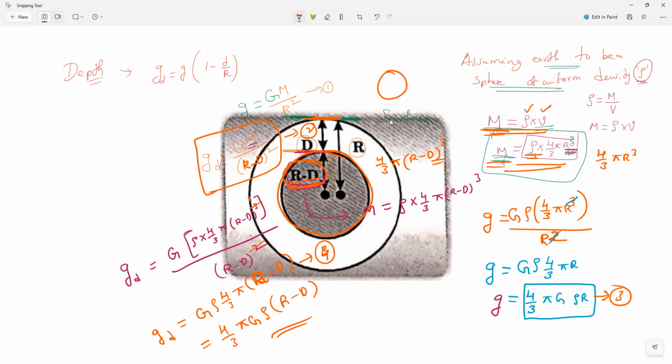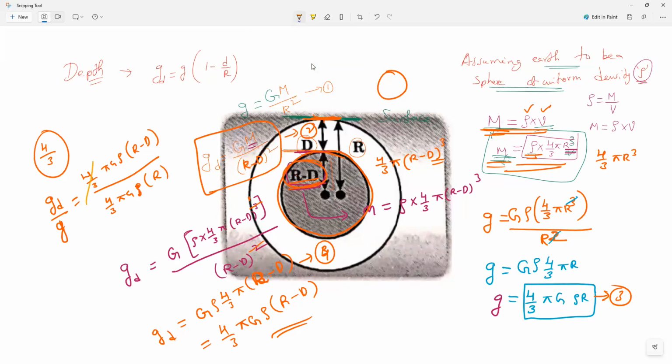Divide equation 4 with equation 3. So g_d divided by g is equal to 4 by 3 pi G rho into (R minus D) divided by 4 by 3 pi G rho into R. So what will happen, everyone?